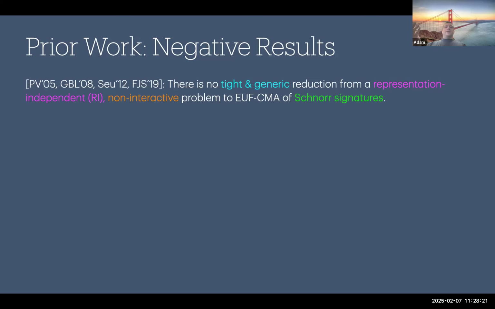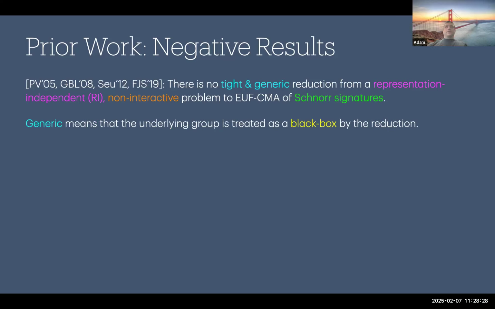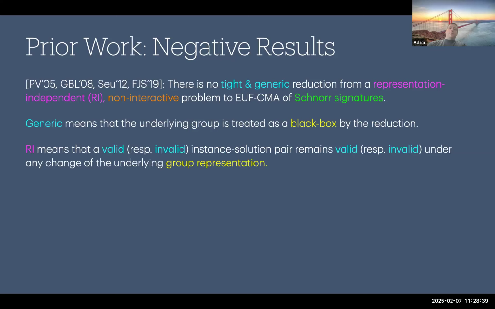they prove you cannot do that if the reduction is what's called generic. Generic means that the underlying group is treated as a black box by the reduction. And also the problem that you're reducing to is what's called representation independent, which is an interesting property. It basically means that if you change the underlying representation of the group, a solution to the problem remains a solution.